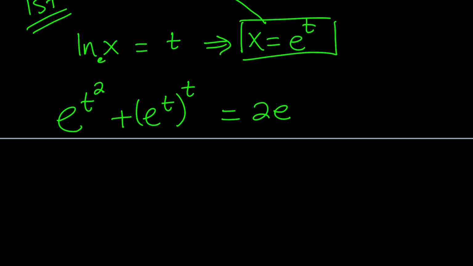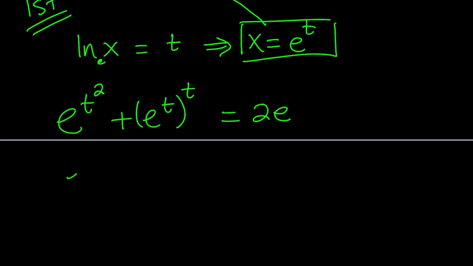Now we got the same base, which is cool. Substitution really helped. And now we can go ahead and use the properties of exponents and multiply these two exponents. That gives us e to the power t squared. And guess what? You get the same thing twice, which is amazing, right? I mean, especially for these kinds of problems, it will be awesome.